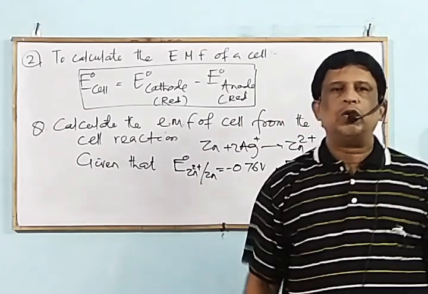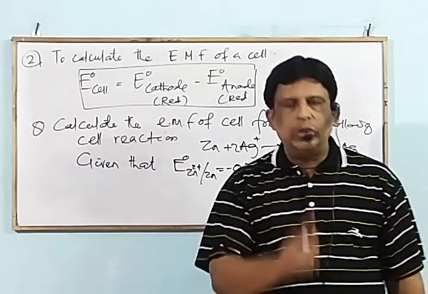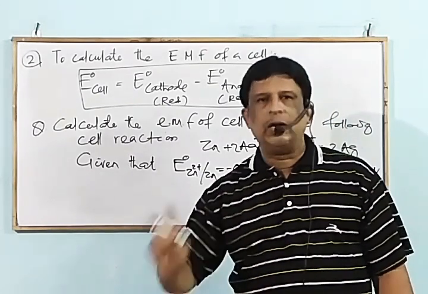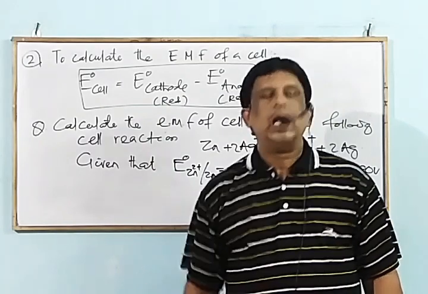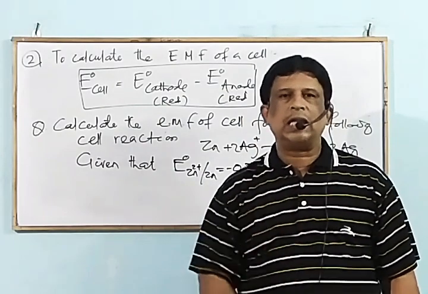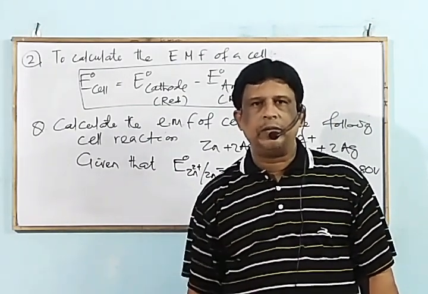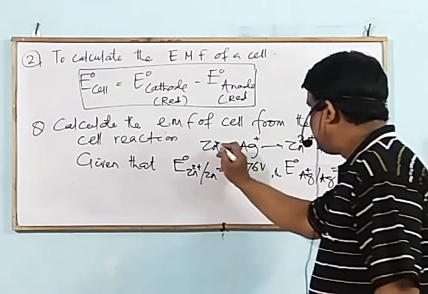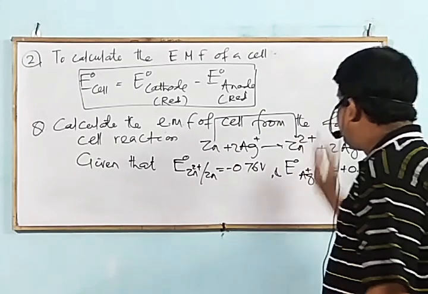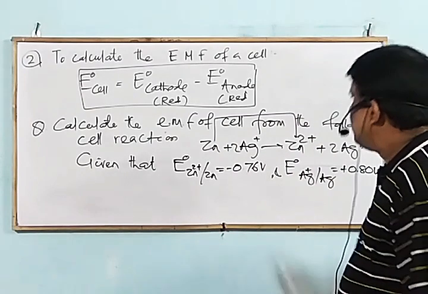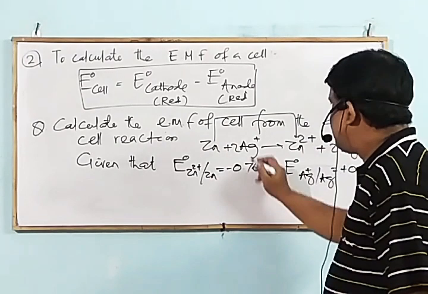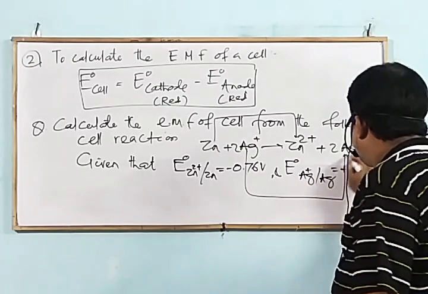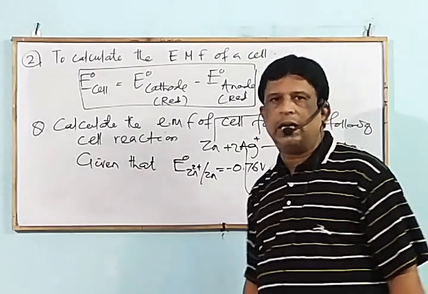Our aim is to first find out which one is anode and which one is cathode, and whether oxidation potential or reduction potential is given. From the cell reaction, mark that zinc converted to zinc ion means oxidation takes place. Silver ion converted to silver means reduction takes place.